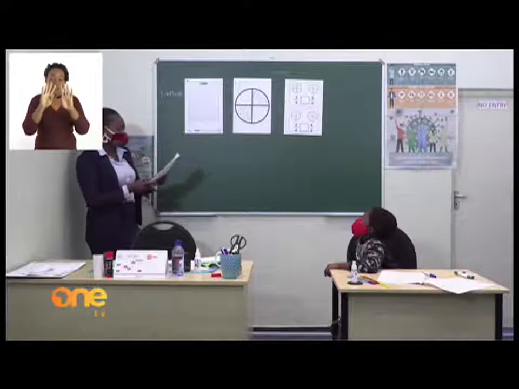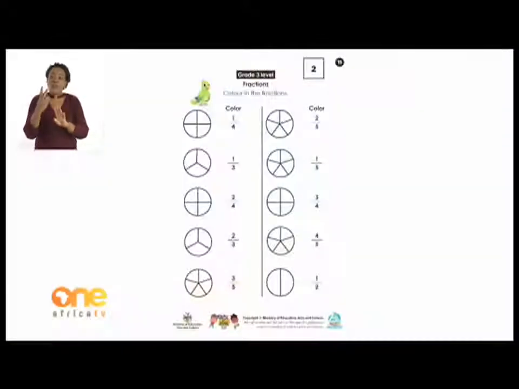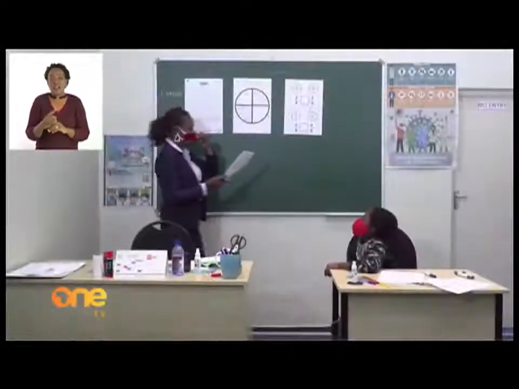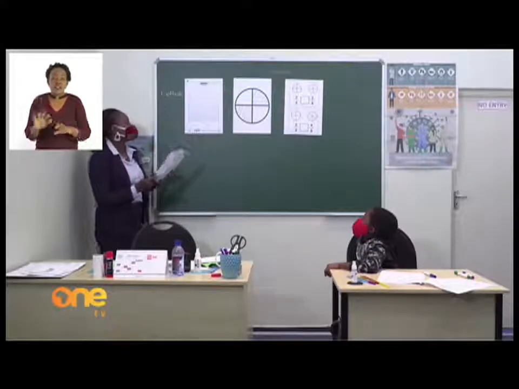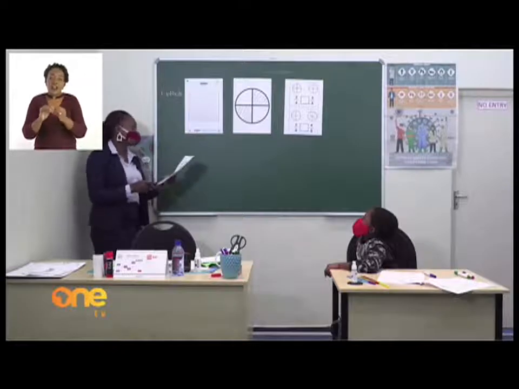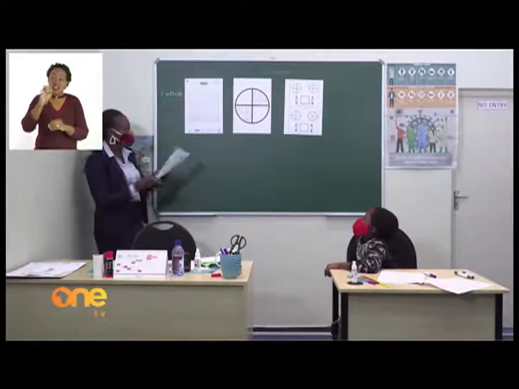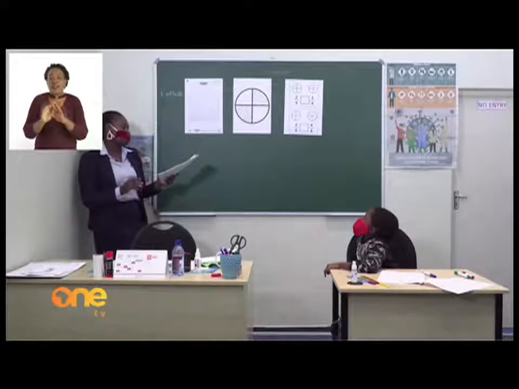That's all. I want you to do the rest. You draw a circle. You show me the number of parts. If there are 2 out of 5, it means there must be another one here. Then you color the number on top. 2 out of 5. Okay.